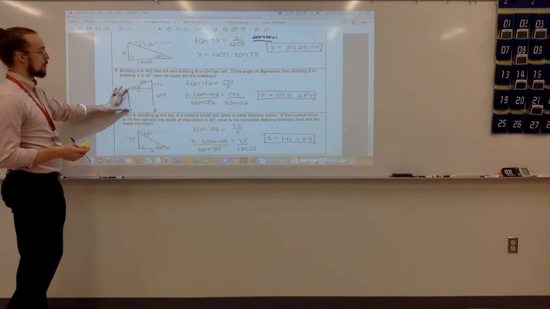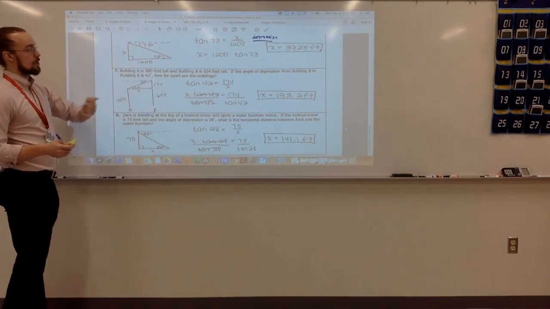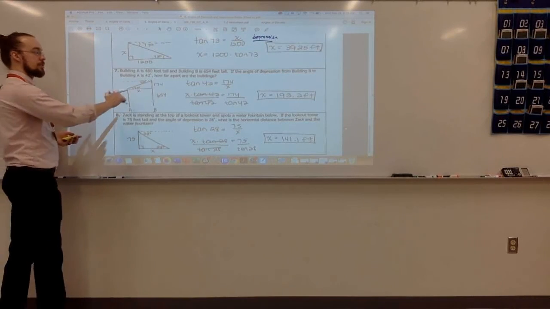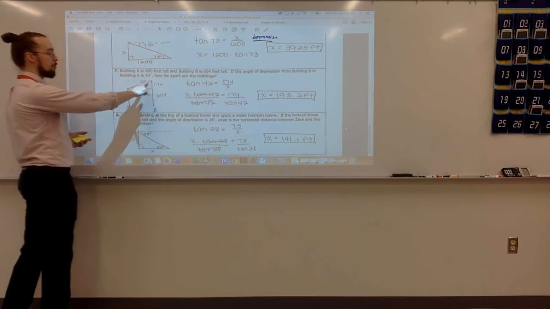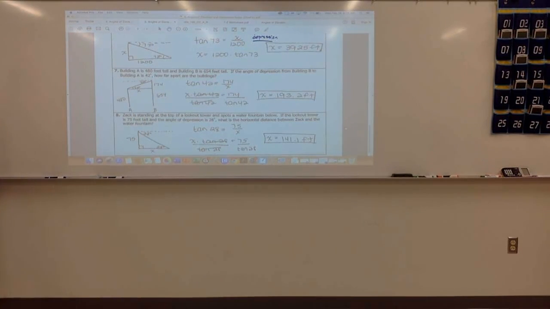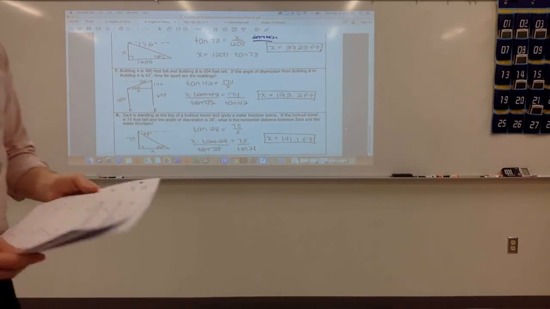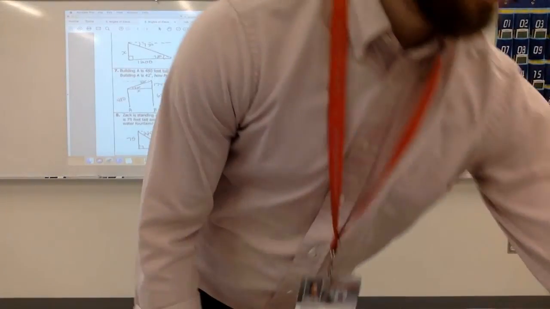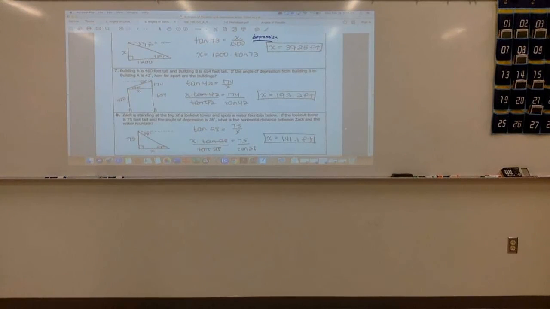The one was 480 feet, the other one was 654 feet. And it just says the angle of depression from the top of one of them to the top of the other is 42 degrees. So we had to look at just that side of the right triangle in question, which is 174 feet. So no questions on those?